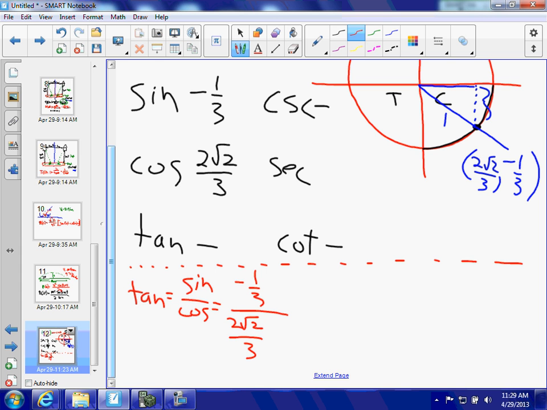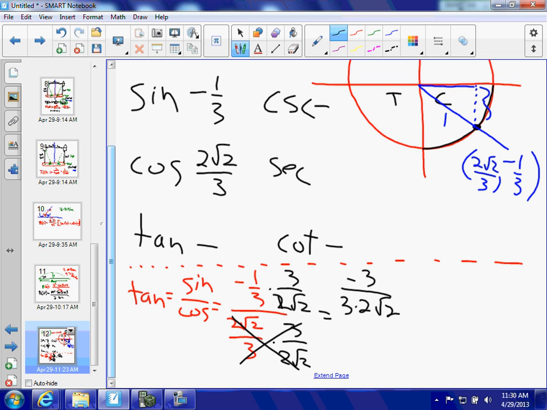Since they have the same denominators, I can multiply this by 3 over 2 radical 2, and my numerator by 2 radical 2. So I'm multiplying it by 1. My denominators cancel out. And my tangent is now equal to negative 3 over 3 times 2 radical 2.